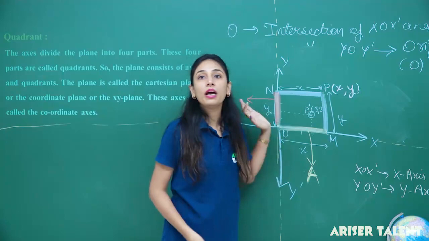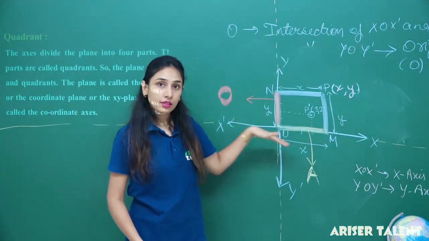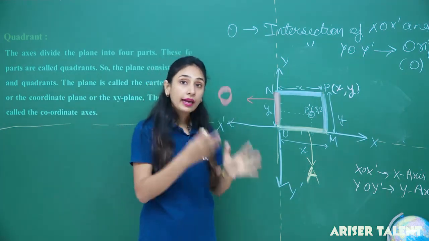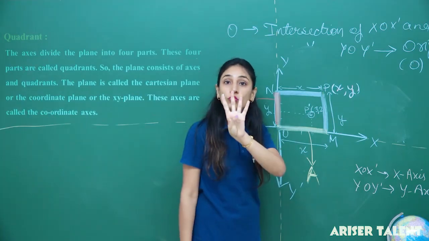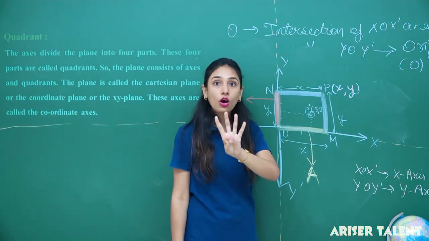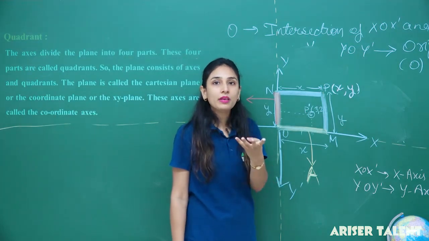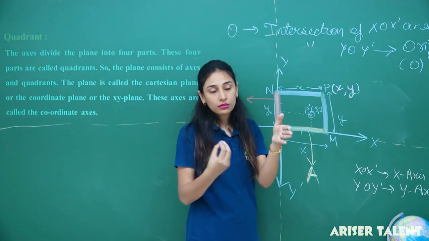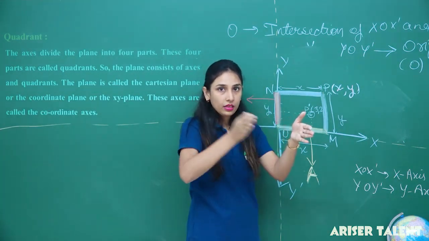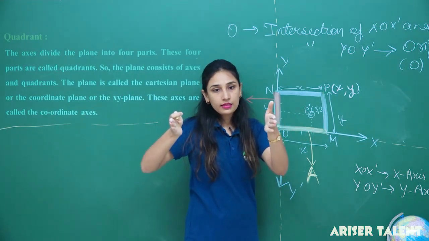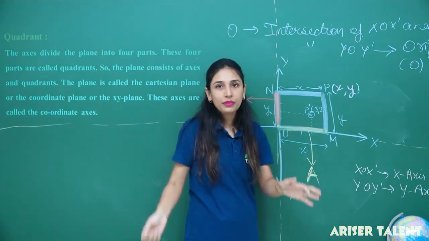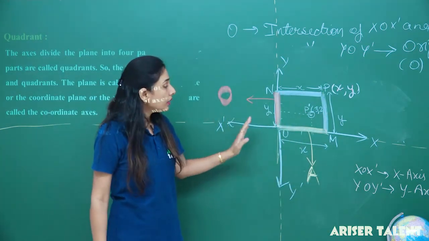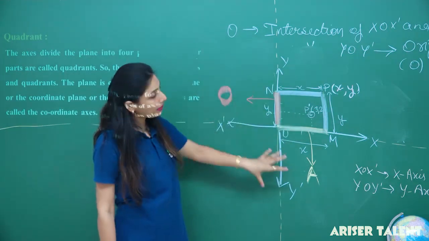So, in whatever plane you are making it, these lines are dividing that particular plane into 4 equal divisions, or maybe unequal if the plane is like a rectangle and you just created a line in this part. That creates 4 separate parts.